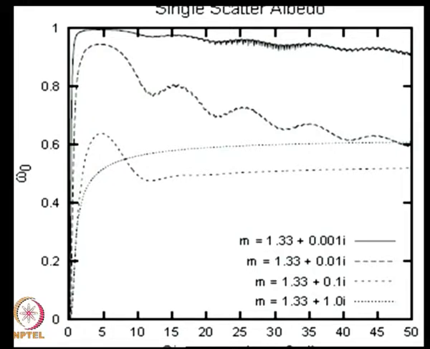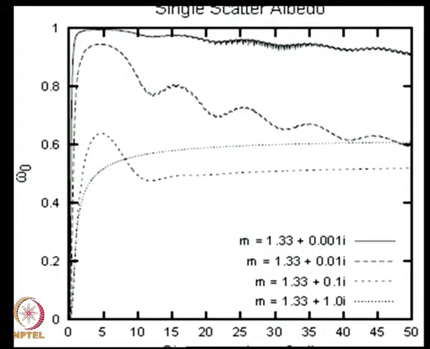So, the number has to be between 0 and 1, and what you notice here is that when the imaginary component of the refractive index is large, it does have an influence on the single scattering albedo. Otherwise, when the absorption is small, the albedo is close to 1 for many cases.